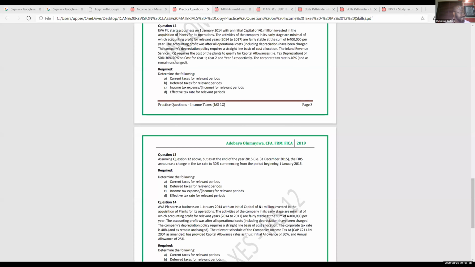Now, the question says income tax expense for the relevant period.